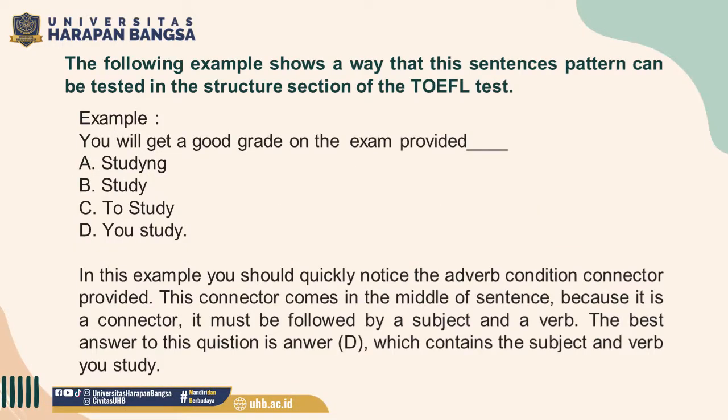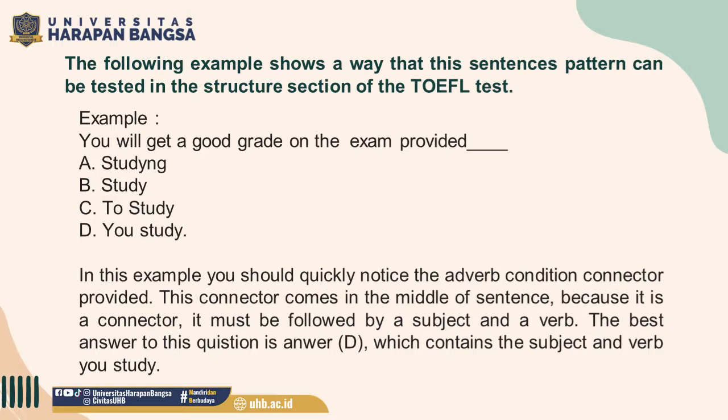The following example shows a way that the sentence pattern can be tested in the structure section of the TOEFL test. Example: You will get a good grade on the exam provided blah blah blah. A: I study, B: study, C: to study, D: you studied.